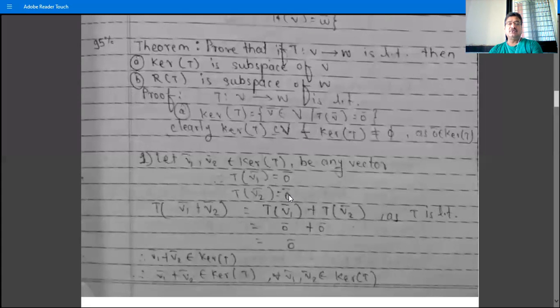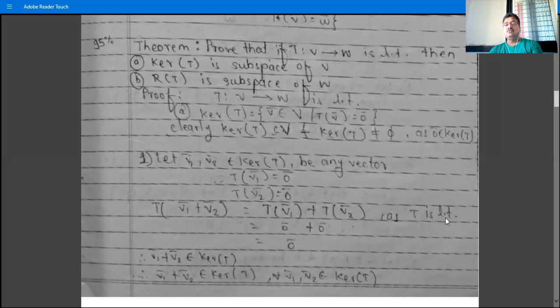Now v1 plus v2 belongs to kernel of T if T of v1 plus v2 bar is equal to 0 bar. So consider T of v1 plus v2 bar, which is equal to T v1 plus T v2 by using the linear properties of linear transformation.